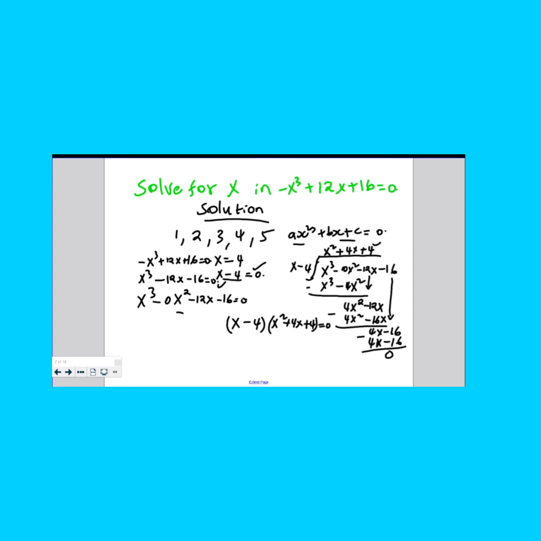So either x minus 4 is equal to 0, giving x equal to 4, or we solve this quadratic equation further, because we can see the sum is 4, the product is 4, so the factors are 2 and 2.